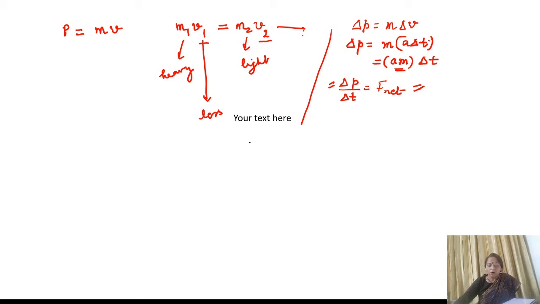And therefore, if the time of collision is increased, then the force is decreased. You can see from here, time of collision, if this time is increased, then naturally force is decreased. So how is this principle applied in practical problems?